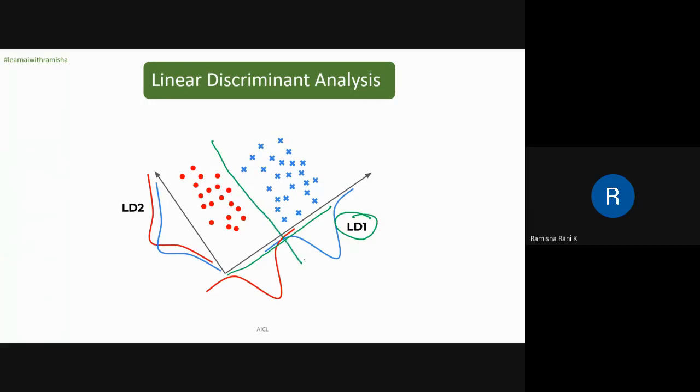This is the probability density of the blue color line, and this is for the red color dots. LDA2 is not that effective because it is overlapped. If you want to draw the probability density function diagram, it's going to be in this way. Right?